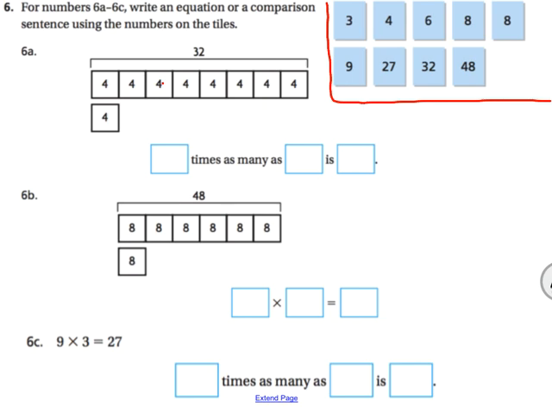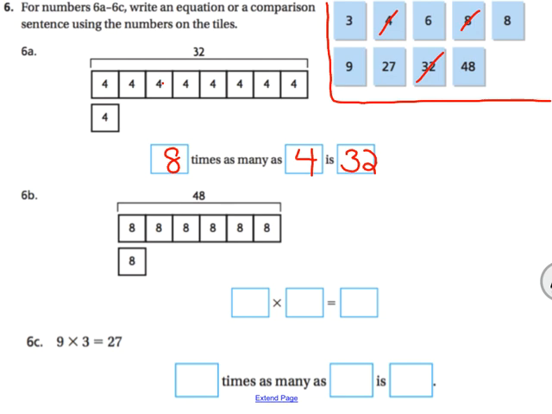So since it's 8 bars or 8 4s, the 8 goes first. 8 times as many as 4 is 32. So I use this 8, I use the 4, and I use the 32.